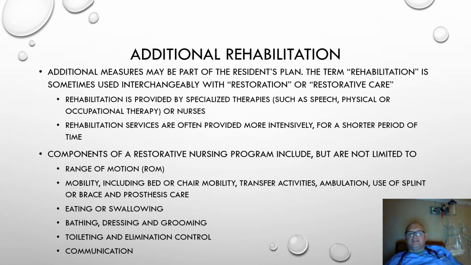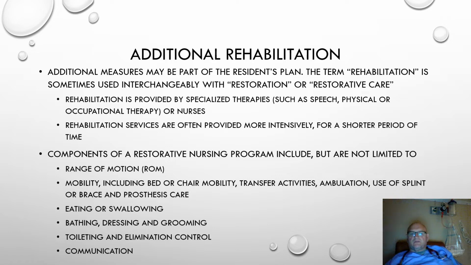Additional rehabilitation. Additional measures may be part of the resident's care plan. The term rehabilitation is sometimes used interchangeably with restoration or restorative care. Rehabilitation is provided by specialized therapy such as speech therapy, physical therapy, or occupational therapy, or nurses.